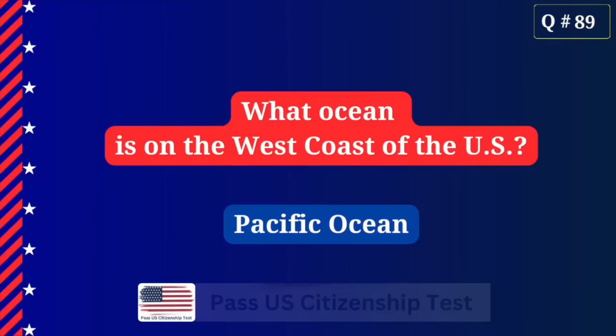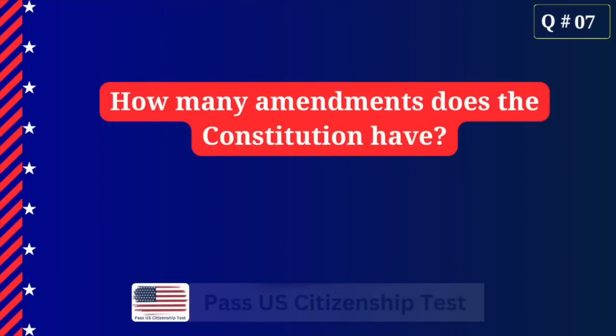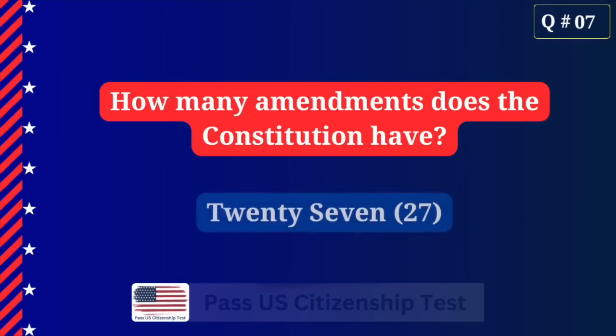Pacific Ocean. How many amendments does the Constitution have? 27.